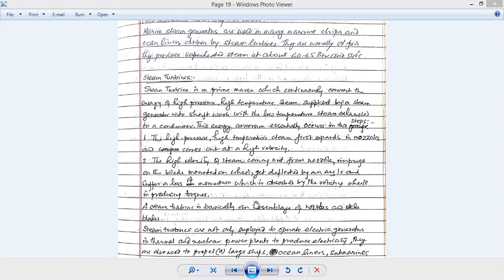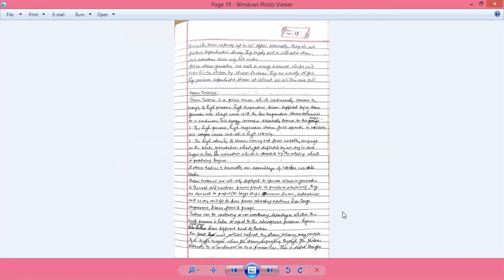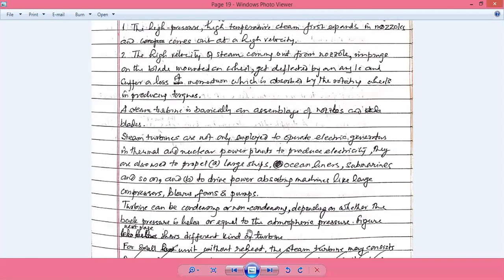Now, steam turbines are not only employed for electrical generation in thermal power plants as well as nuclear power plants to produce electricity.